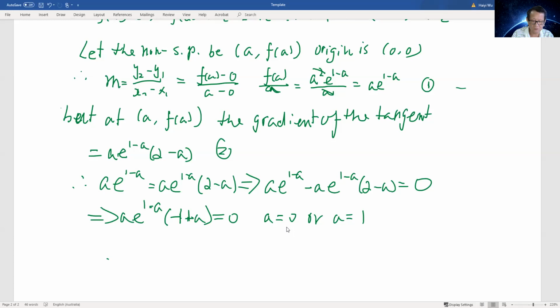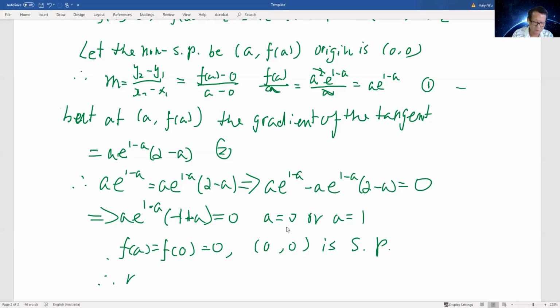However, if I choose a equal to 0, we know f(0) must be equal to 0 as well. But we know (0, 0) is a stationary point. That means we don't want that point because we want a non-stationary point.